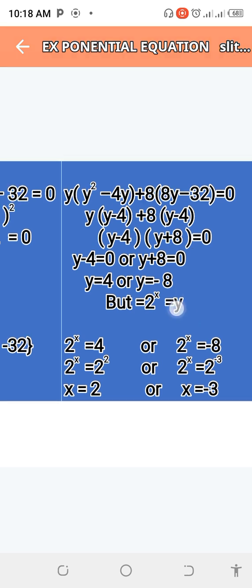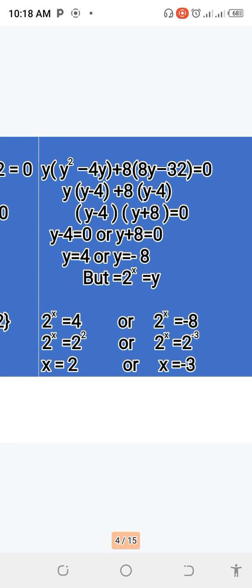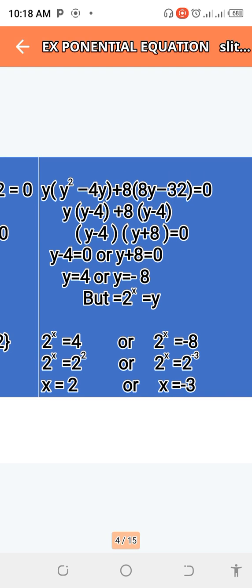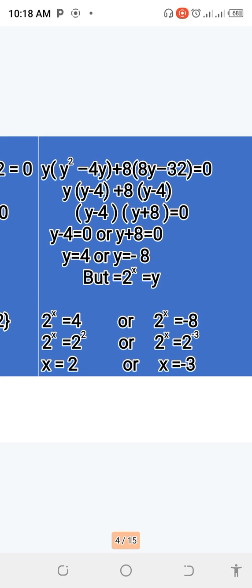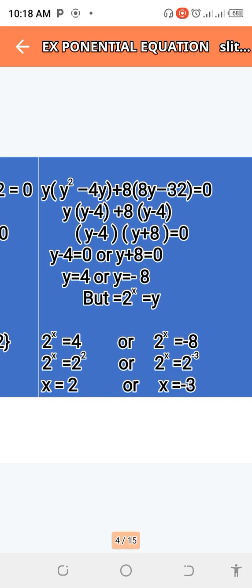Or 2 exponent x equals minus 8. 2 exponent x is equal to 2 exponent minus 3. When the base 2 cancels, what is left is x is equal to minus 3. So the values of x in that equation are x equals 2, or x equals minus 3.